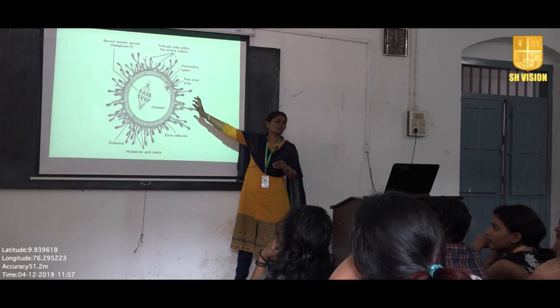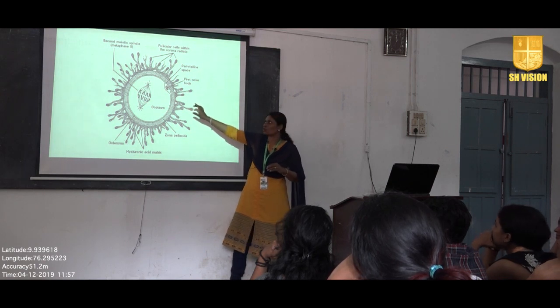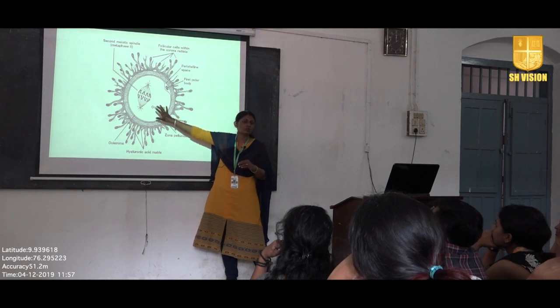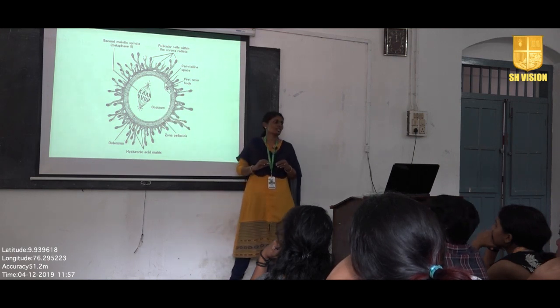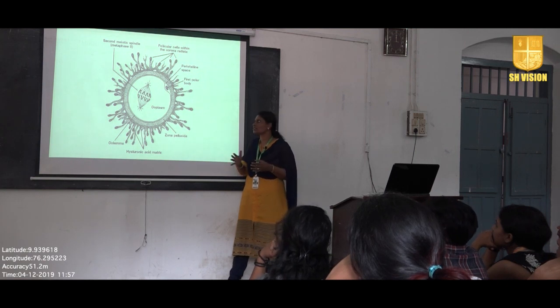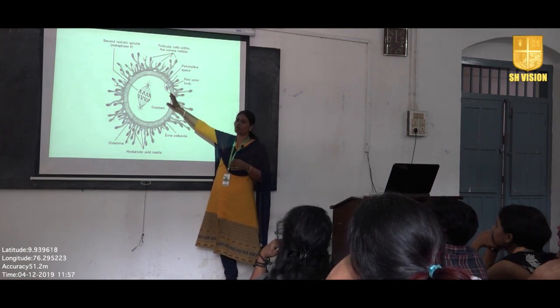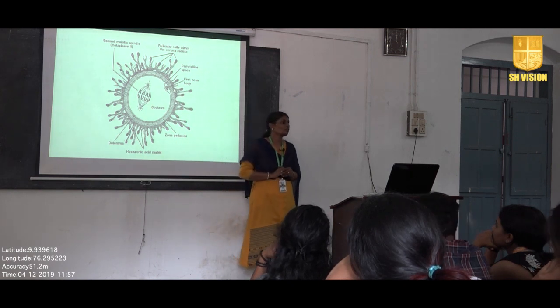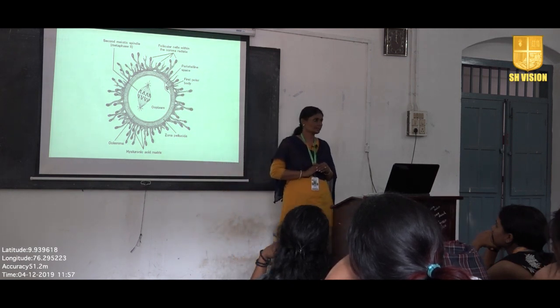Oogenesis produces two cells, and one remains within the ooplasm. The one that remains within the ooplasm is the dominant one, which is destined to become the embryo, whereas the second one, the smaller one, is known as the polar body, and this remains within the perivitelline space.